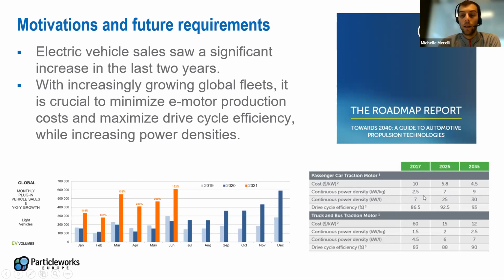And already you can see that starting from 2.5 kilowatt per kilo in 2017, we will need a strong improvement of a factor of approximately 3 for 2025, while the cost needs to reduce significantly. So in this framework, we really need simulation to improve the design and get the e-motor design right first time.